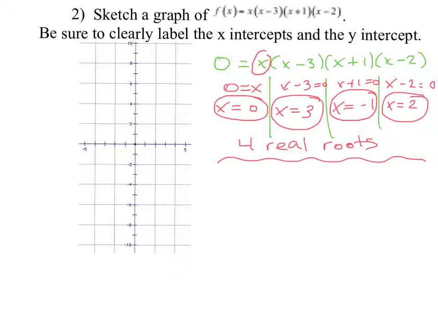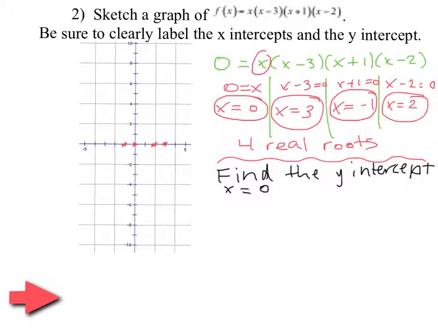And I get 4 real roots. So we're going to put those 4 real roots on the graph. Okay, so right here I have x equals negative 1 is a root, x equals 0 is a root, x equals 2 is a root, and x equals 3. So you should have 4 points on the graph.